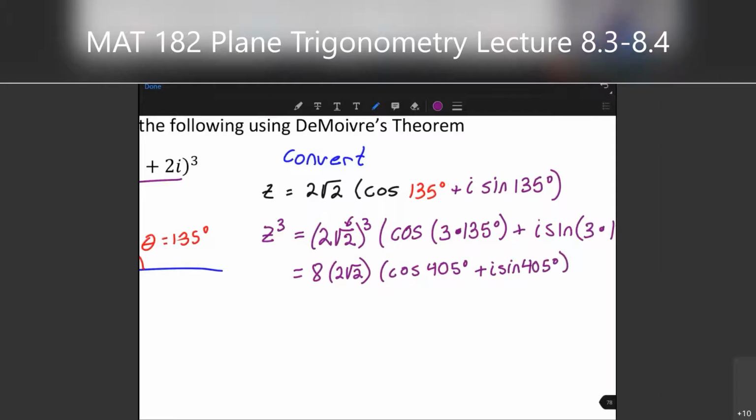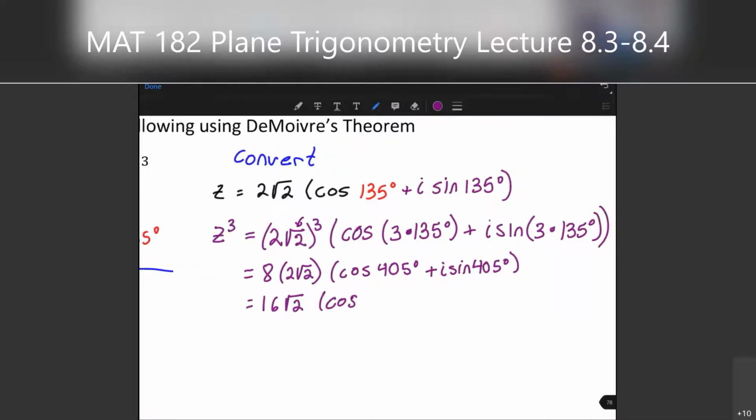And so there's a couple of simplifications I can do here. One is to work with that modulus one more time. That's going to be 16 square roots of 2. And then we'll have here cosine. If I looked at what would be a coterminal angle in our unit circle to 405, what would be the equivalent angle that we're working with there? Yeah, Sam, you're right on. Yep. Anya, 45 degrees. Right.